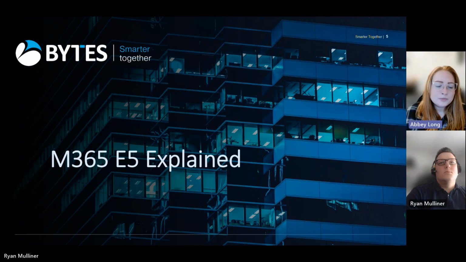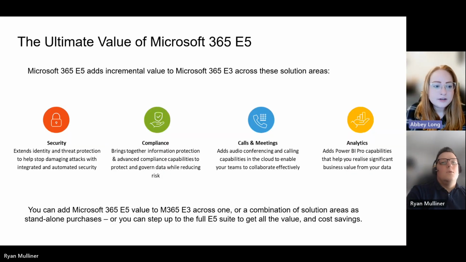So going into a little bit more detail as to what is actually included within M365 E5, there's 4 main components essentially. There's your security, your compliance, your calls and meetings, and your analytics. So within security, the main features to point out within the E5 step up are Defender for Office Plan 1 and 2. So this allows you to improve your email protection with anti-phishing, Exchange Online protection, as well as attack simulation training and threat explorer and trackers.